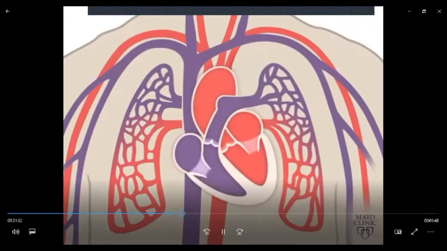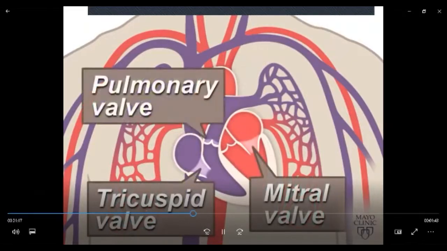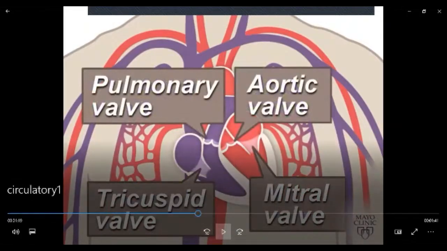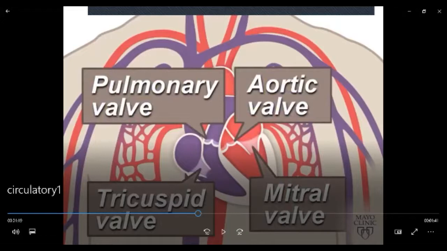Now, between atrium and ventricle, there are valves. A valve is like a gate in a fence that can only open one way, in one direction. The valve between the right atrium and the right ventricle, we call the tricuspid valve, while the one from the right ventricle to the lung, we call the pulmonary valve.